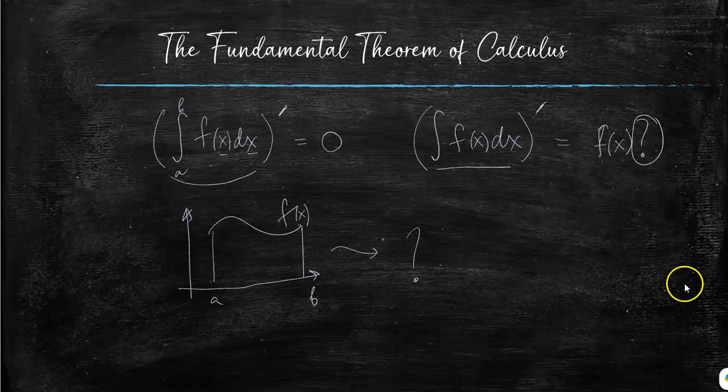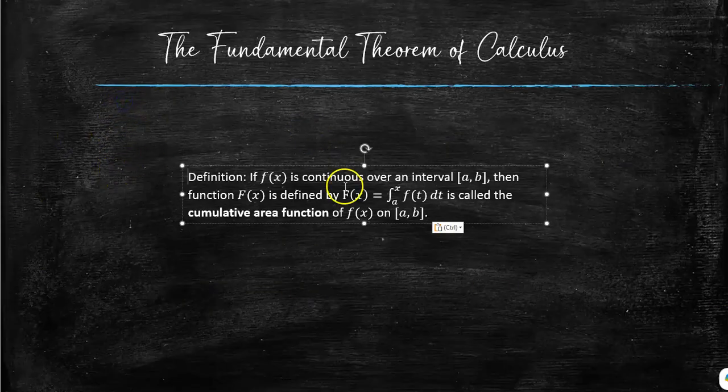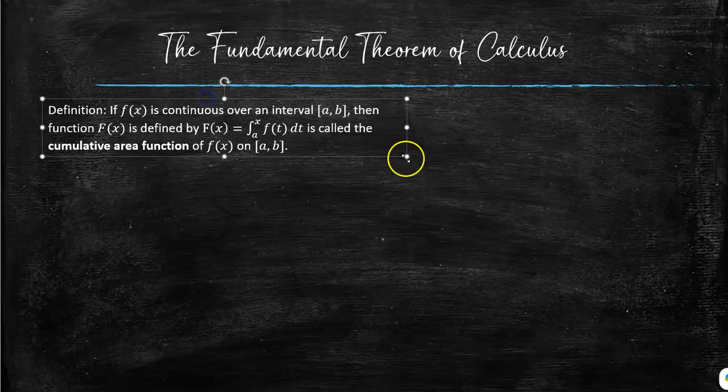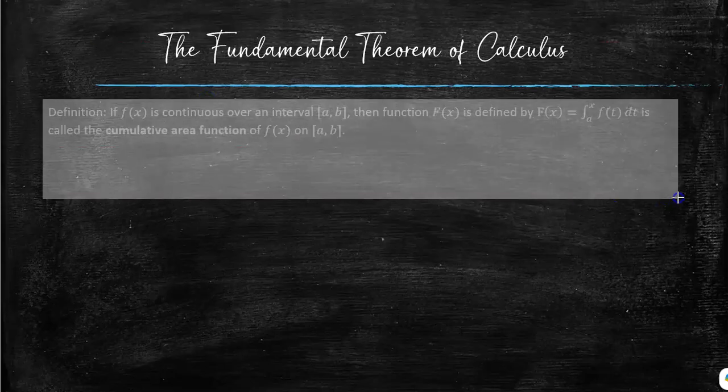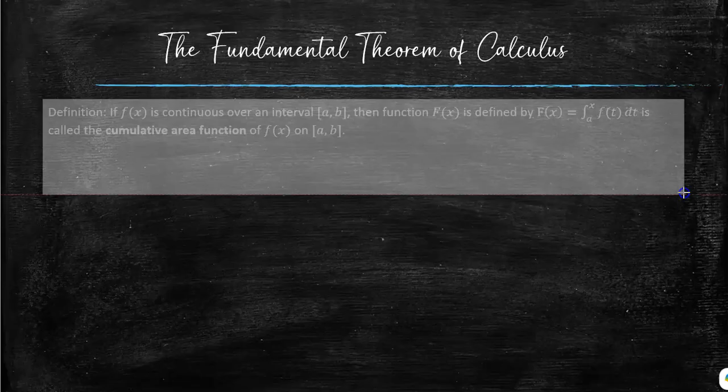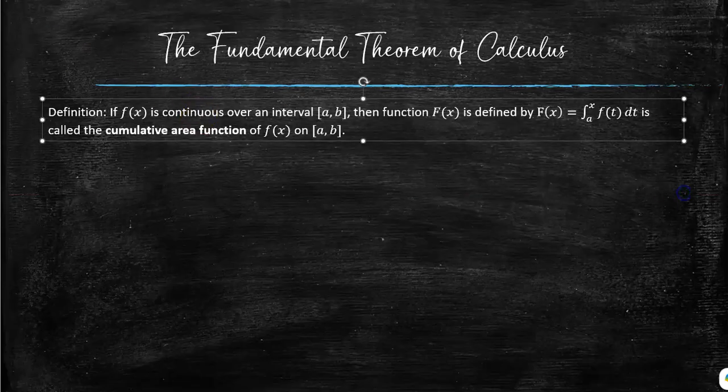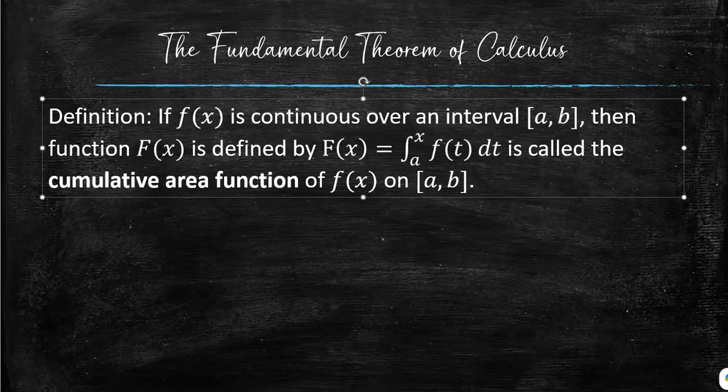First, we're going to introduce a new term. I'm going to copy and paste it here. And we call, for some continuous function f of x, we create the following. Let's go through it one line at a time.